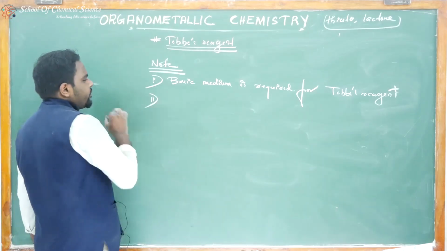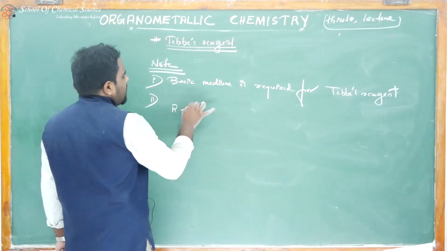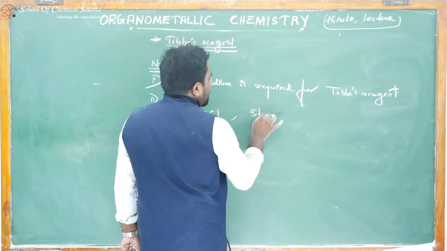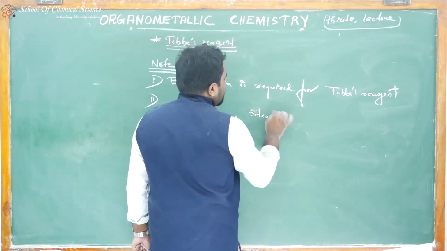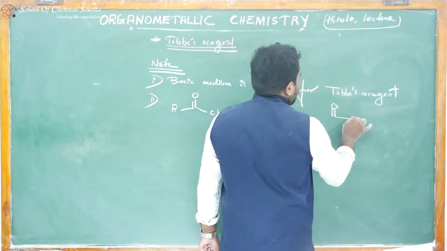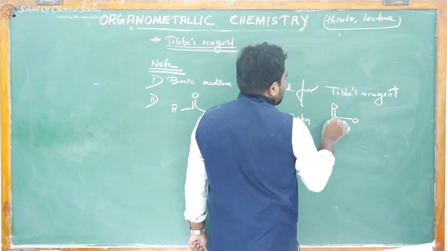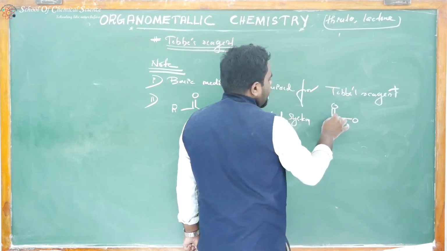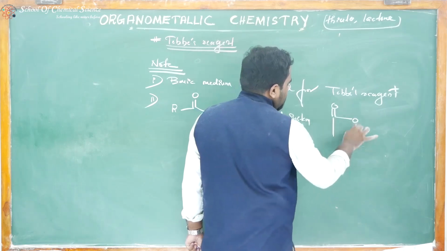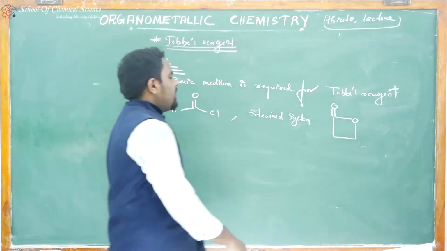Second one, RC=OCl, an acid chloride, and strained systems. For example, a strained lactone, this 4-membered strained lactone.